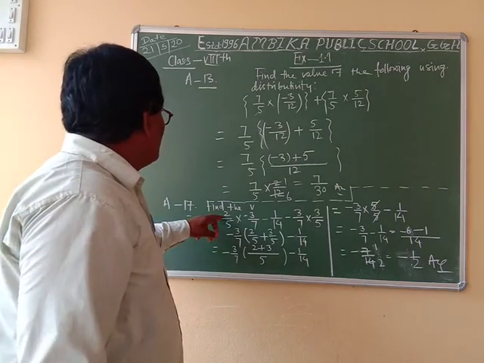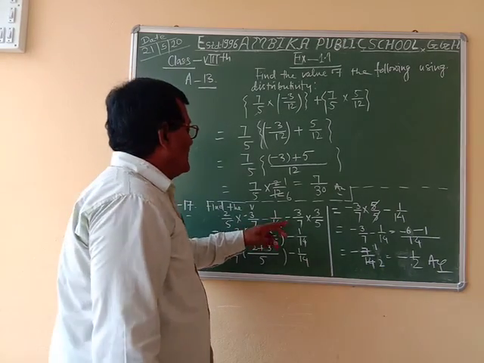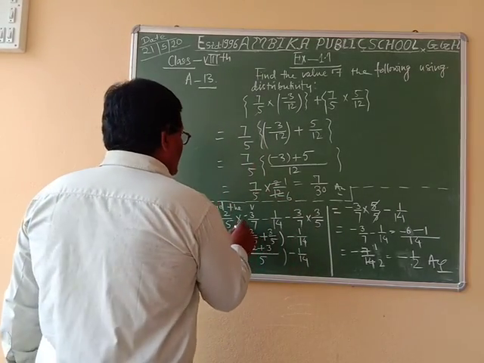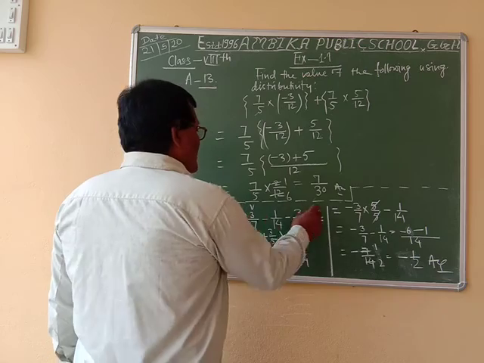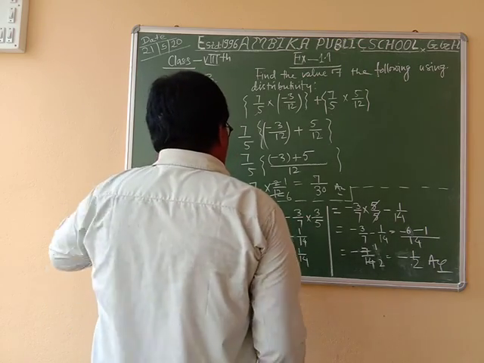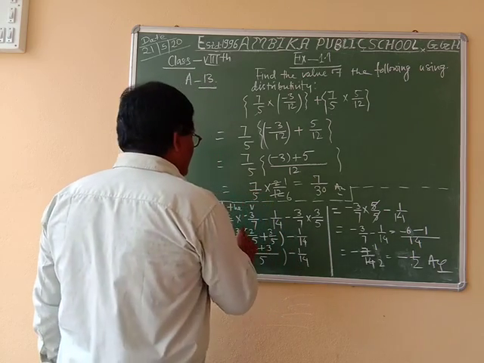We are given 2 by 5 into minus 3 by 7 minus 1 by 14 minus 3 by 7 into 3 by 5. Here we see that minus 3 by 7 is common from both terms. So we take common minus 3 by 7.